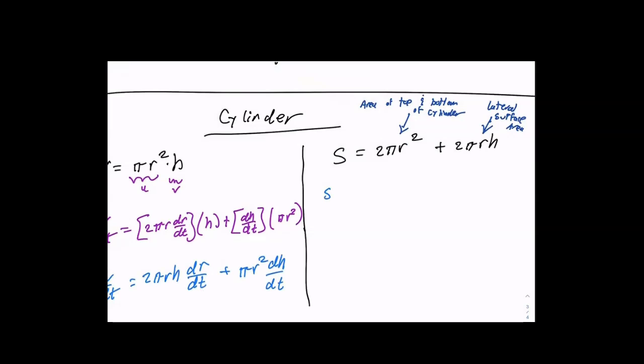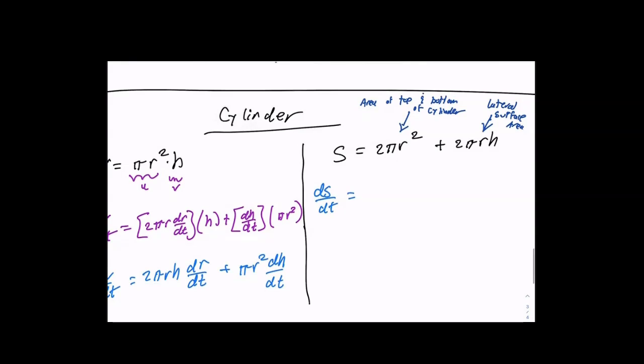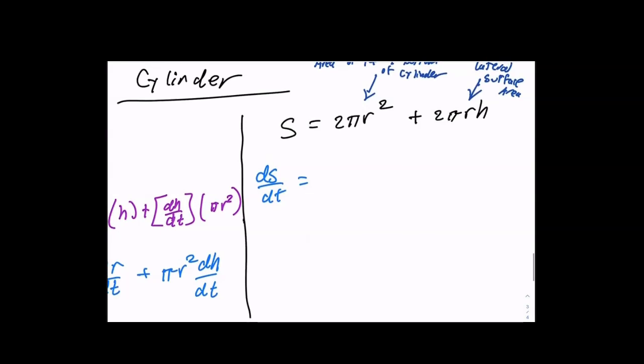So dS/dt is equal to, and we're just going to take two derivatives. What do I get? 4 pi r times dr/dt. Good. Plus. This is a product, right?